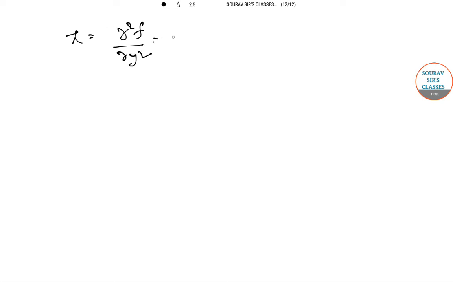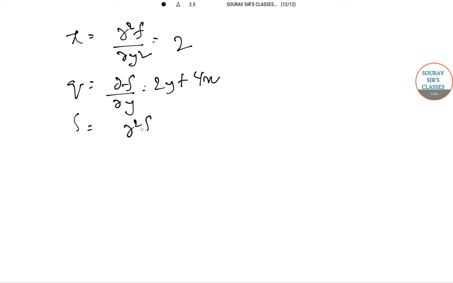If you find that, it will be 2, okay? Then your q is del f by del y, and that is 2y plus 4x, and s is your del 2 f by del x del y, okay?